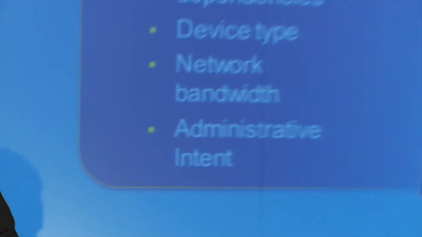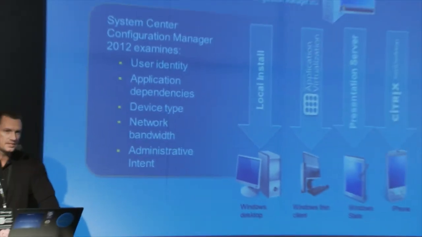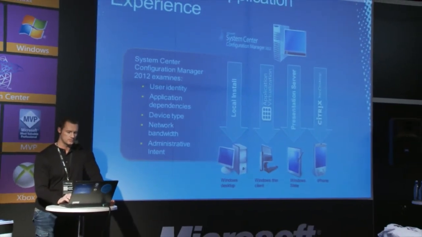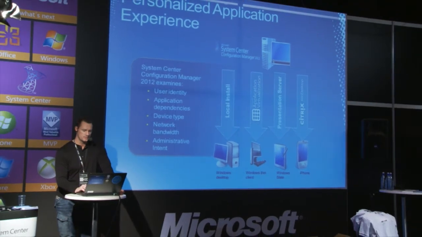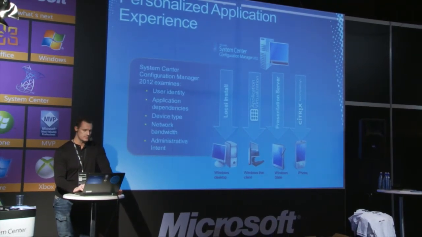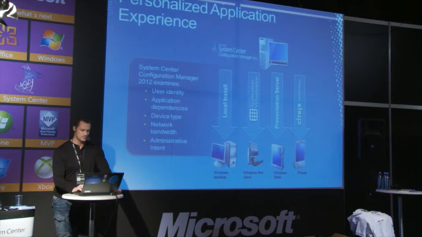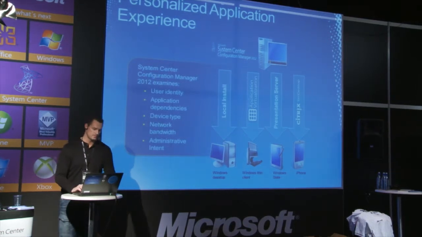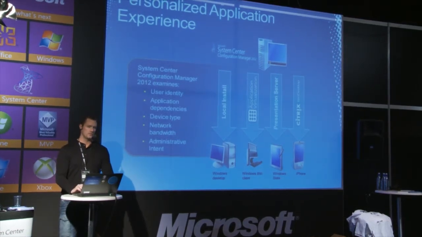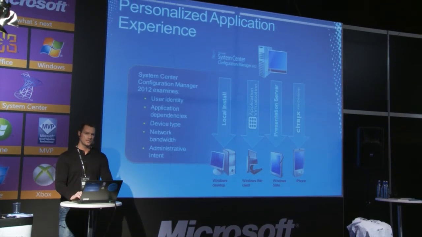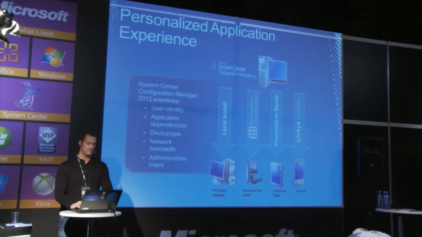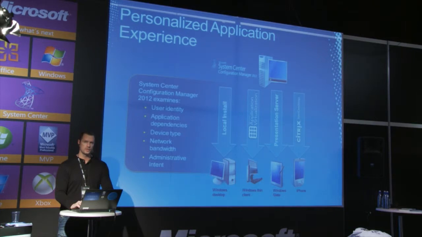Applications are deployed in an entirely new way in 2012 and can be delivered to devices in different ways. You can publish applications through Citrix, or virtual applications, to different devices. Basically, you deploy the application, Visio or Office or Adobe, to the user.